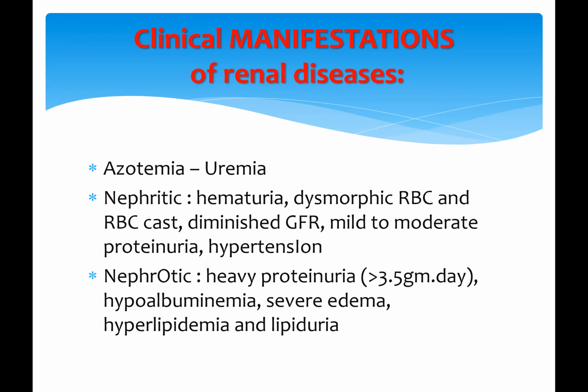They usually manifest with secondary involvement of other organs, like for example, the gastrointestinal tract, the peripheral nerves, and the heart. So you'll have gastroenteritis, neuropathy, or pericarditis.